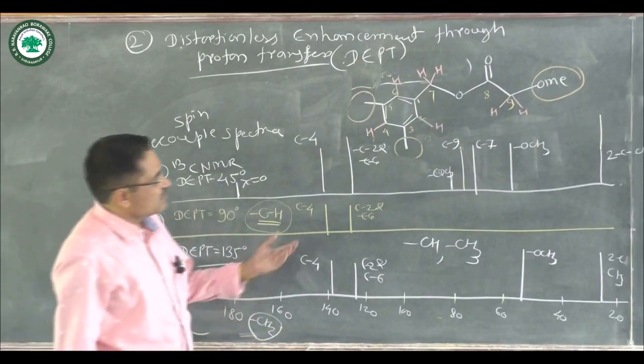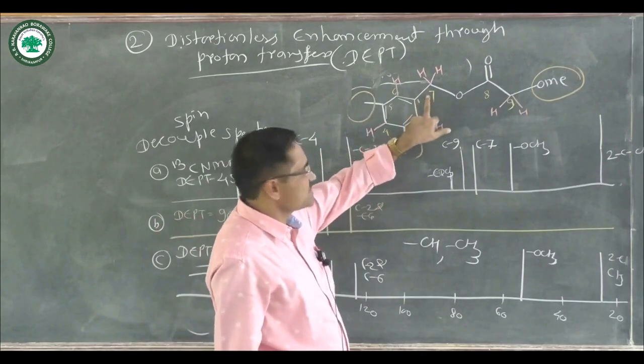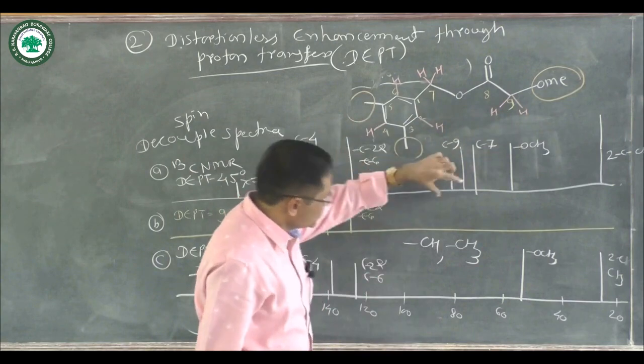Which carbons are CH2? This one, C7 and C9 are CH2.